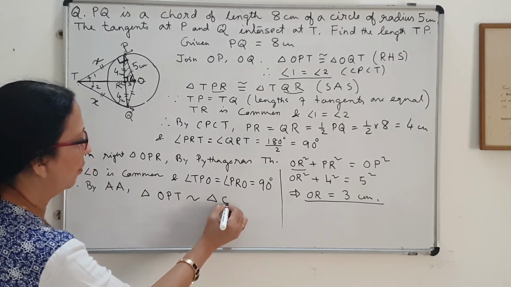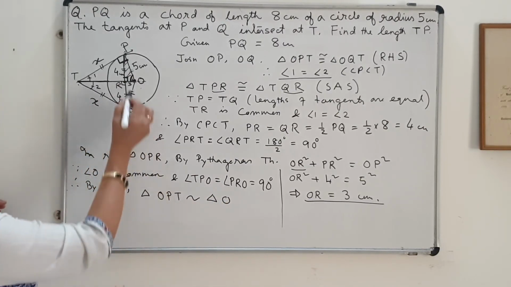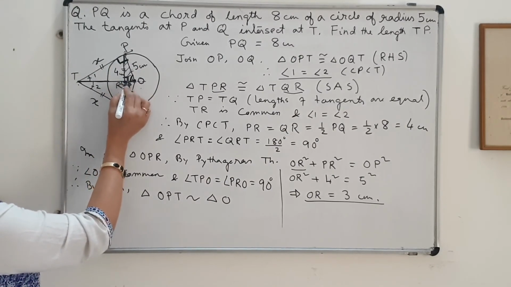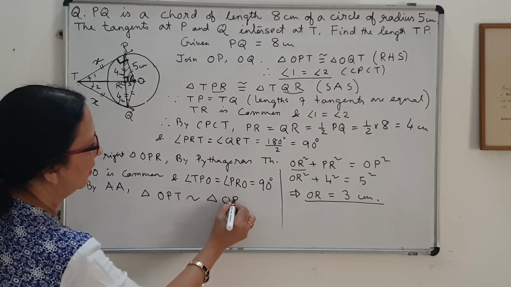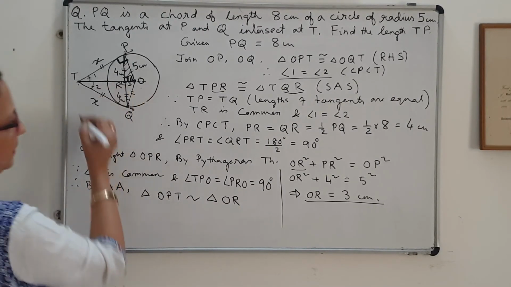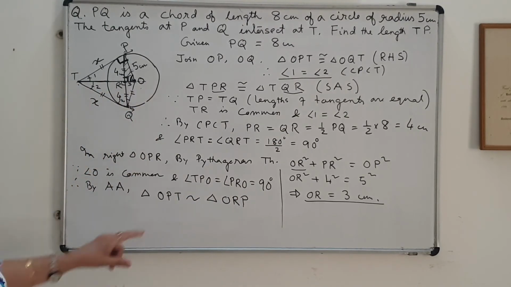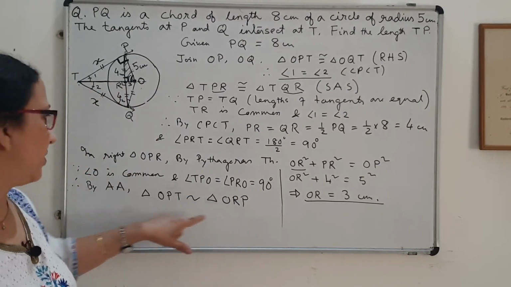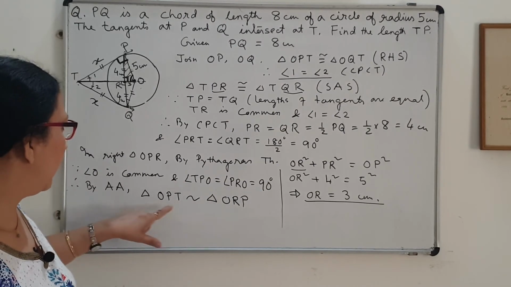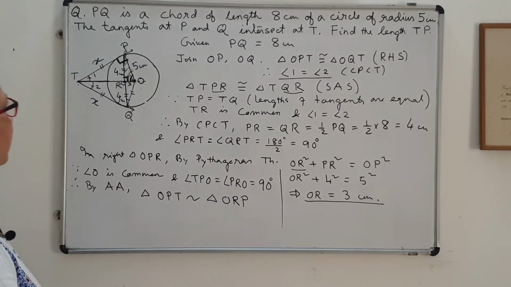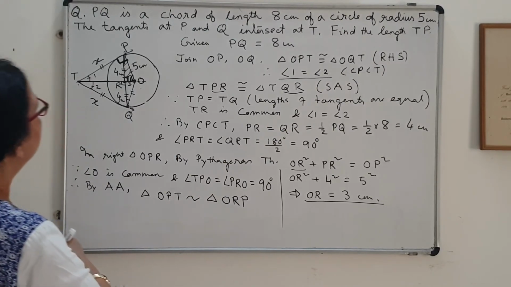In OPT, P is 90 degrees, so here R is 90 degrees, so I have to take R, ORP. So, if you recall, this is how I write the vertices of the triangle in order. Each vertex should correspond to an equal angle. Here O is equal to O, P is equal to R and T is equal to P. So now I can take the sides accordingly.